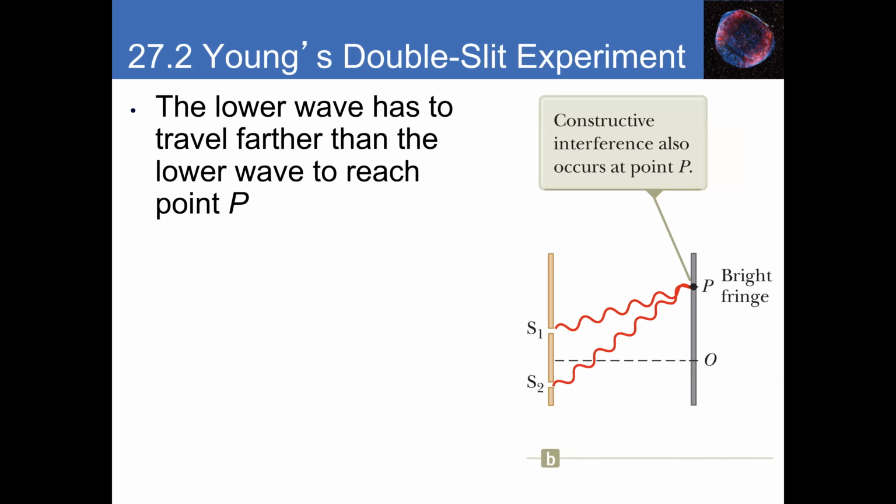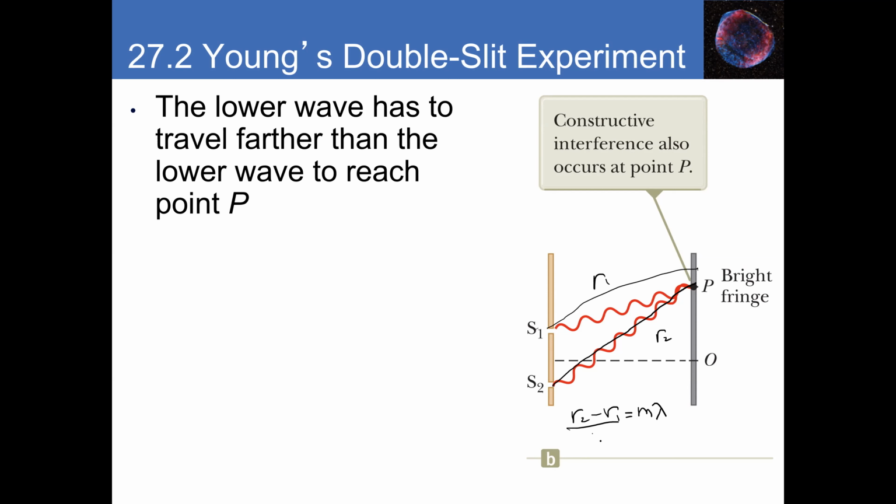And if I choose another point, it's exactly the same thing. There is a wave one that travels this distance, and another wave that travels another distance. Let's say this is R1, and this is R2. Again, R2 minus R1 equals m times lambda if it's constructive.